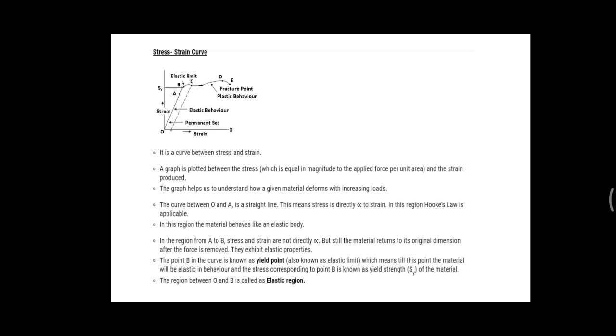As we concluded in the last class, we have seen the modulus of elasticities are of three types: Young's modulus, shear modulus, and bulk modulus. Now in this section we will discuss a stress strain curve for a particular body.